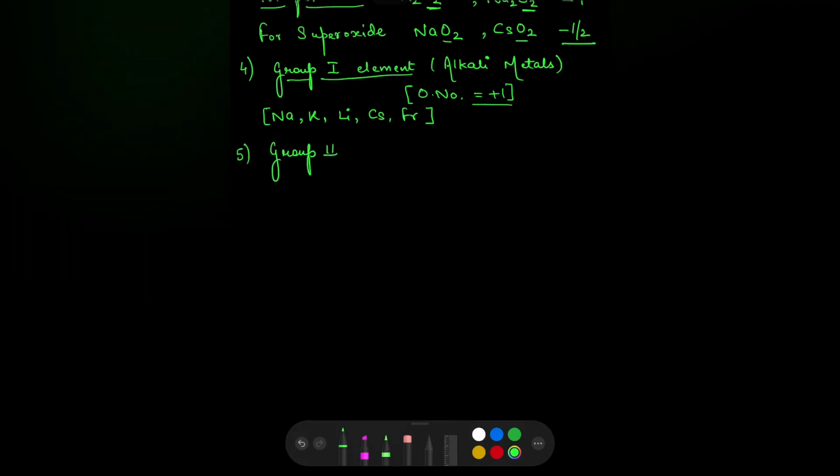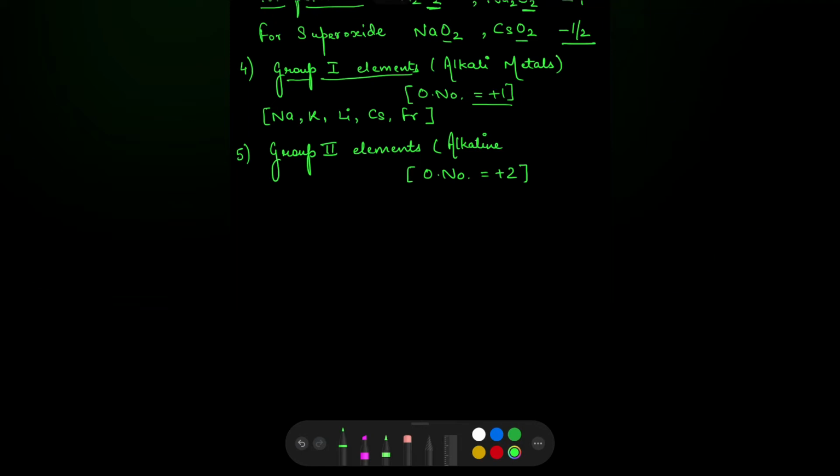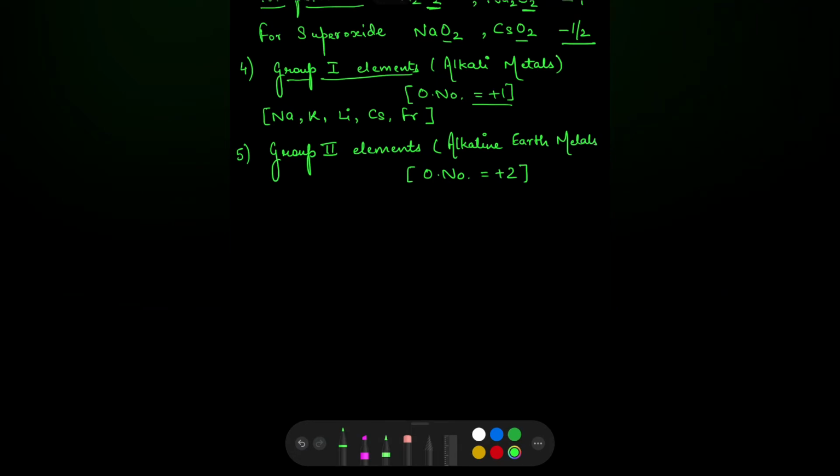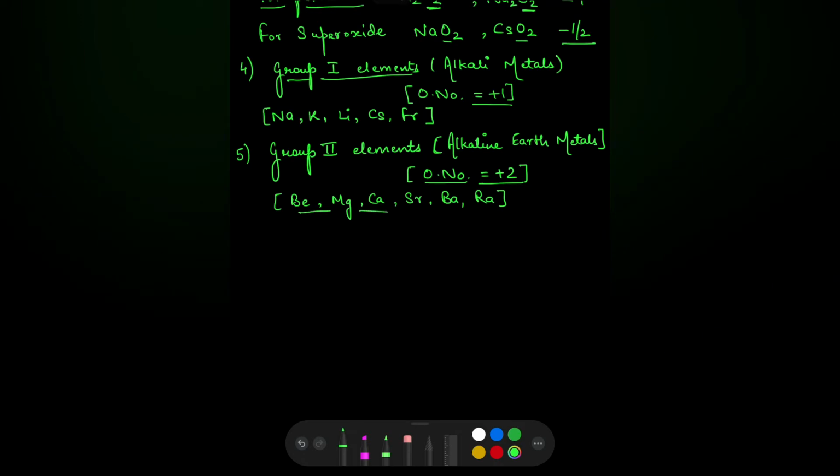Now the group second elements are called alkaline earth metals. And the oxidation number for the alkaline earth metals is +2. Now all these elements belong to group second, so they all have the oxidation number that is +2.